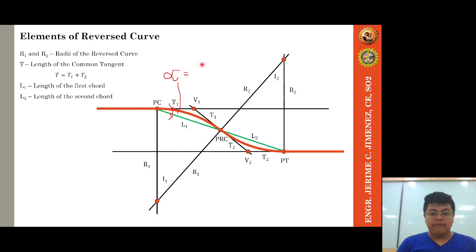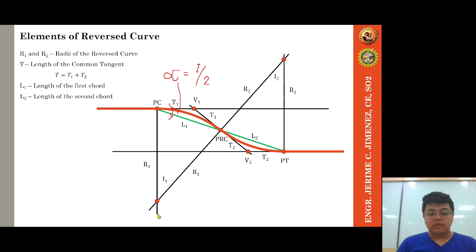Okay? Ang formula nito is I over, okay, that is I over 2. Okay? Kung ang kino-compute nyo na deflection angle is the deflection of the first curvature, definitely this equation must be I sub 1 over 2. Vice versa sa second curvature.